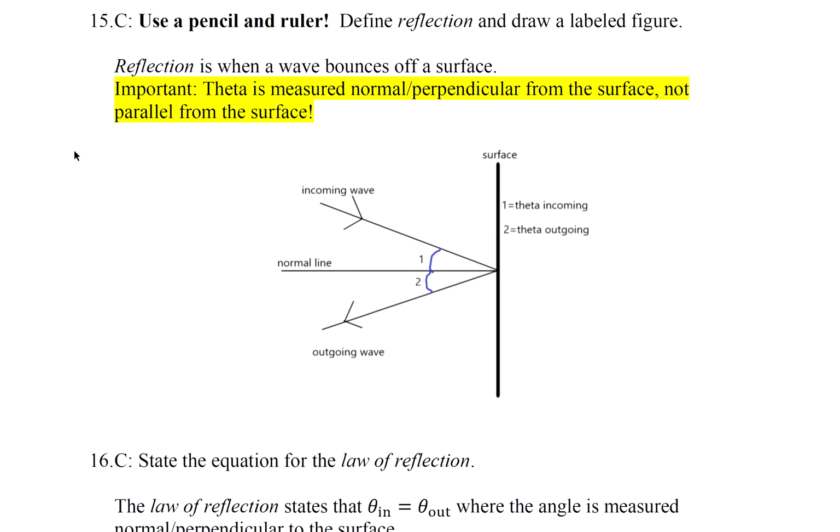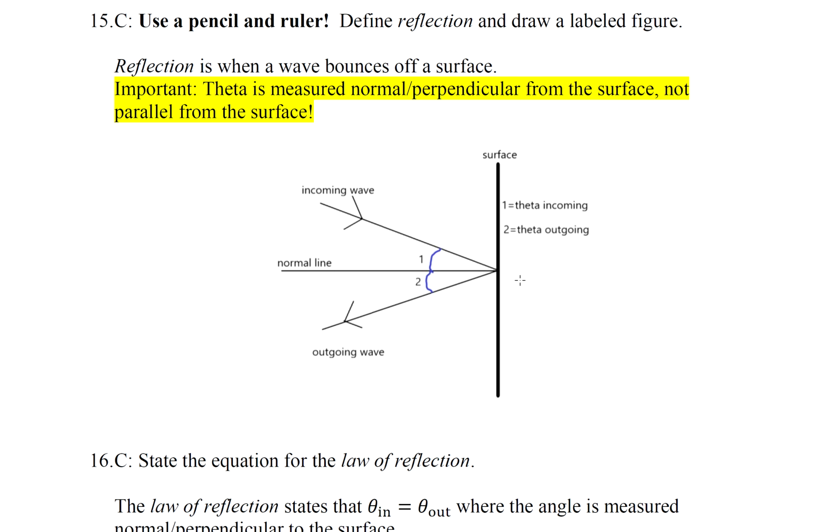Question 15, define reflection and draw a labeled figure. Reflection is when a wave bounces off a surface. So theta is measured 90 degrees from the surface, not parallel to the surface. So this vertical bold black line is the surface. The line perpendicular is called the normal.